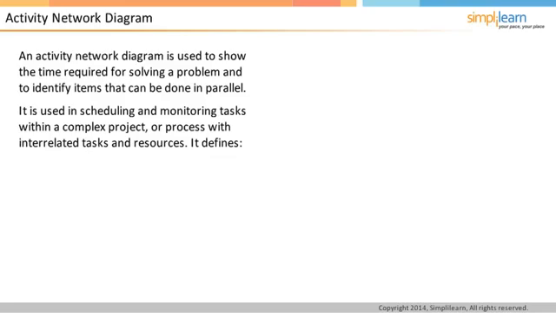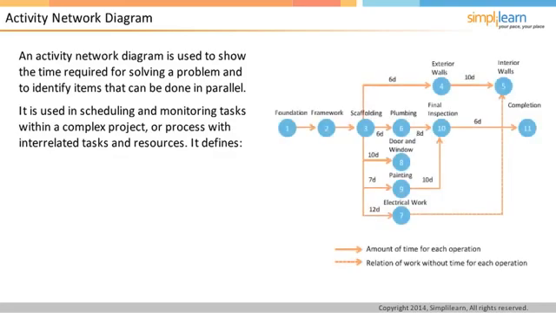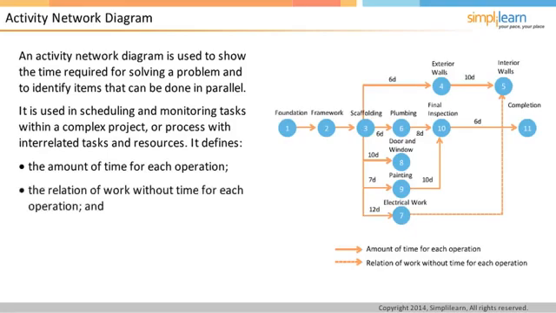The given activity network diagram shows a house construction plan and identifies the factors involved separately, like the amount of time for each operation in one situation, the relationship of work without time for each operation, and an operation by itself. The number of days is denoted by D. So the time taken for an activity like foundation to scaffolding takes around 5 days plus 4 days, which is 9 days in total.